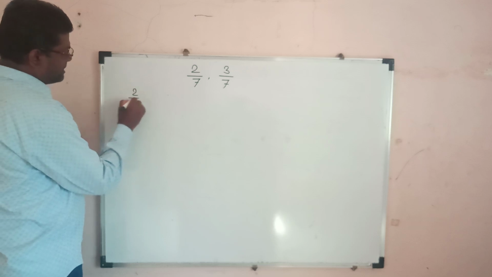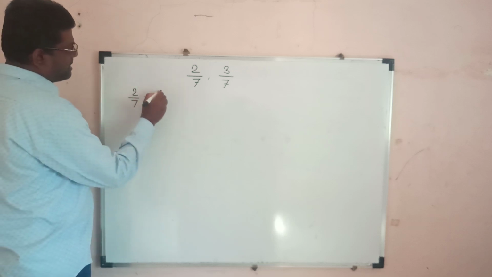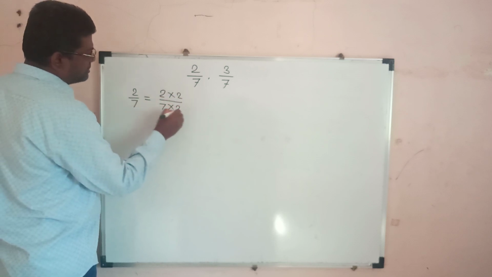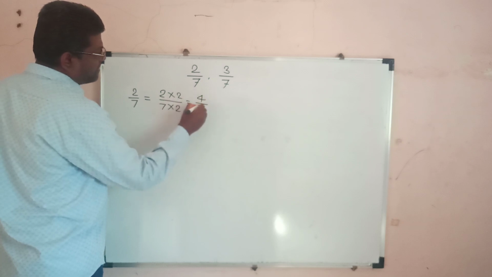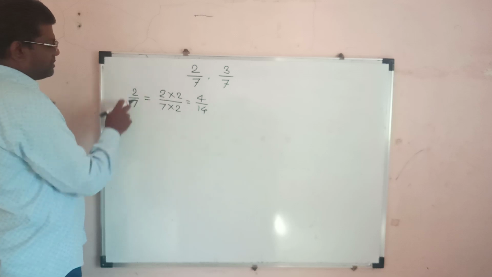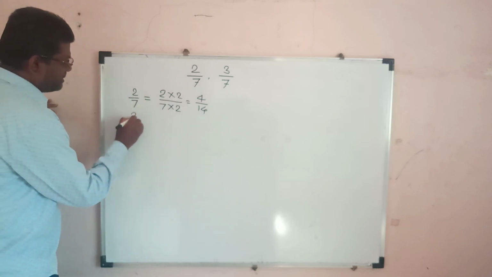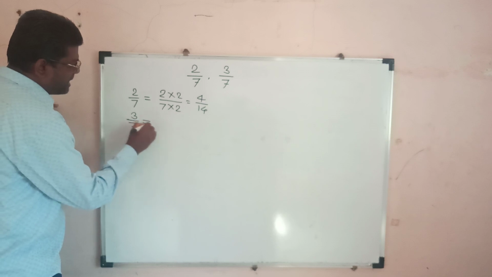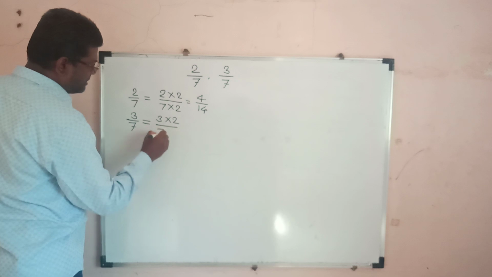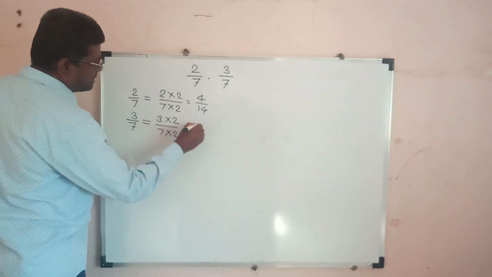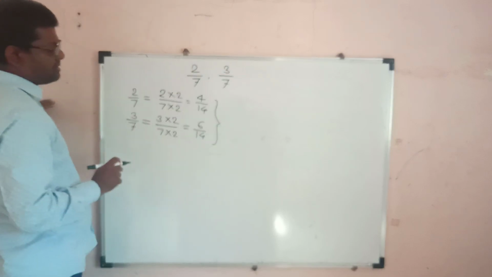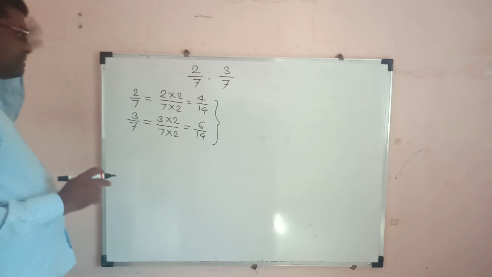Here 2 upon 7 is equal to, we can write, 2 into 2 upon 7 into 2 is equal to 4 upon 14. 4 upon 14 is equivalent to 2 upon 7. Now 3 upon 7 can be written as 3 into 2 upon 7 into 2 is equal to 6 upon 14. Now 6 upon 14 is equivalent to 3 upon 7.